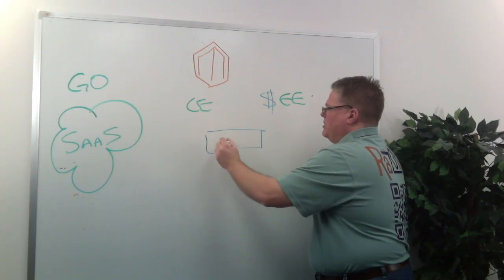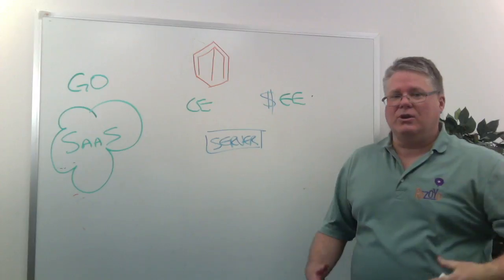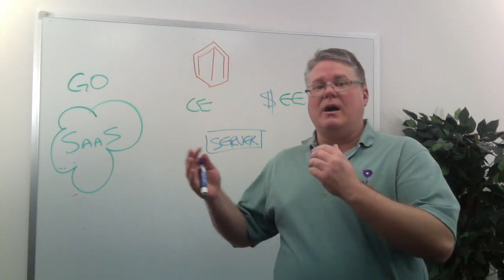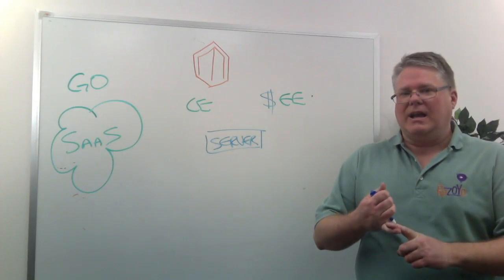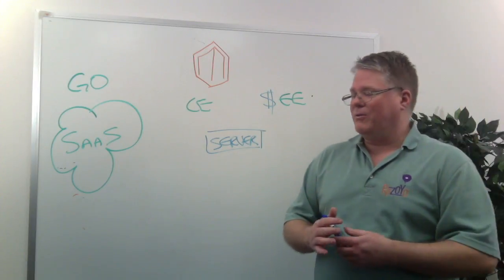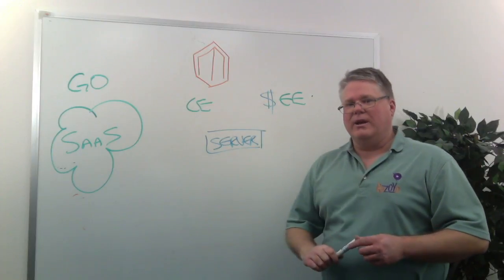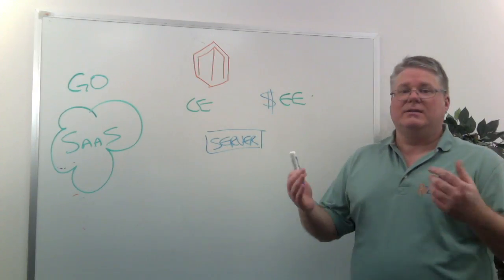So no matter what you're using, you will need a server to host your web store. So that means you have to have a separate contract with a company that is going to provide internet connection to a box that's called a server. It's a special type of computer if you're not familiar with that. And that's where you will load your Community Edition or Enterprise Edition software. And that server has to be maintained separately.